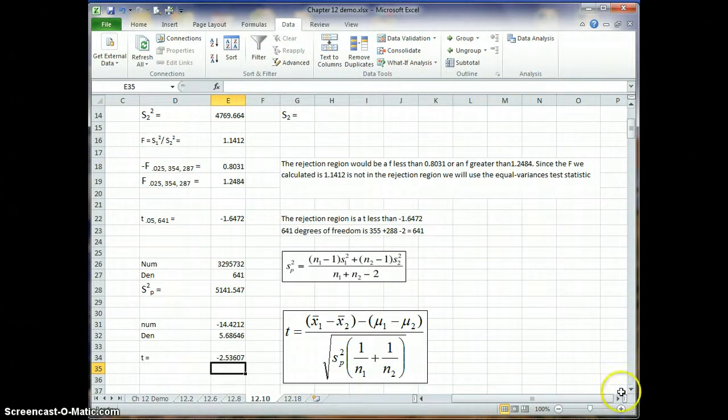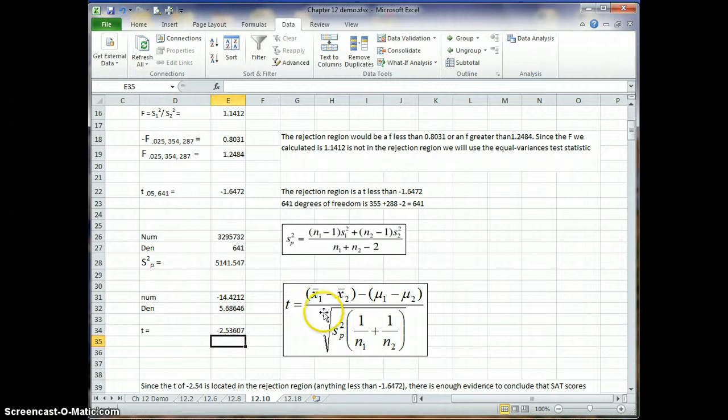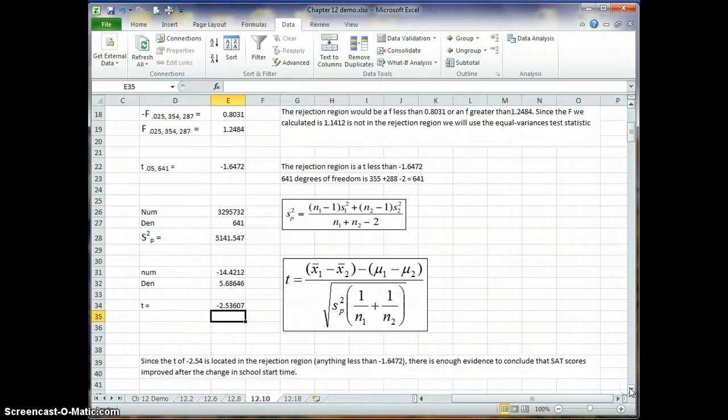Now if we compare this t versus the t calculated based on the alpha and the degrees of freedom, we see that the minus 2.53607 is less than the minus 1.6472, which means it would fall in the rejection region, and so there is enough evidence to conclude that the SAT scores improved after the change in school start time. Alright, that's it for 1210.